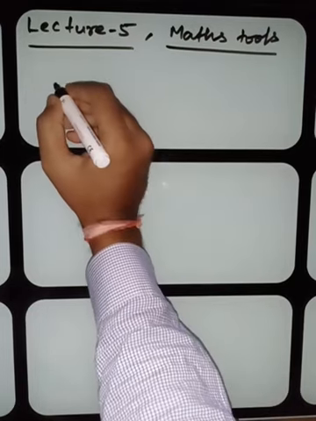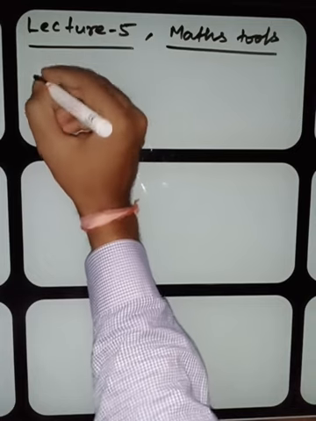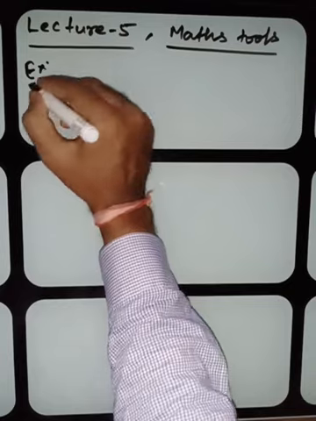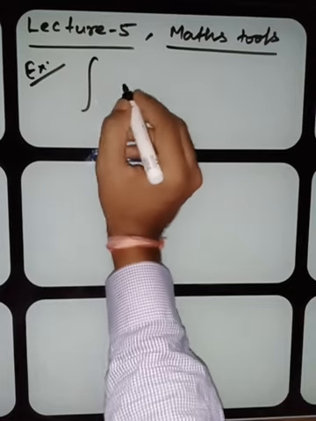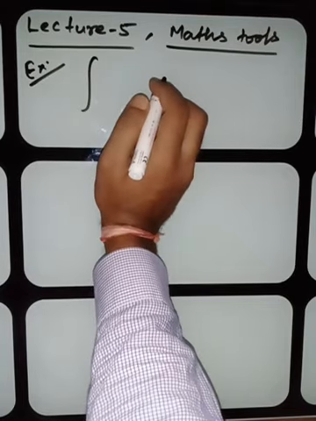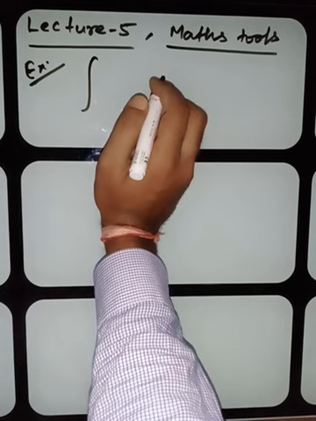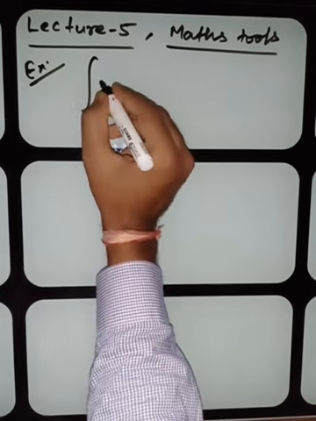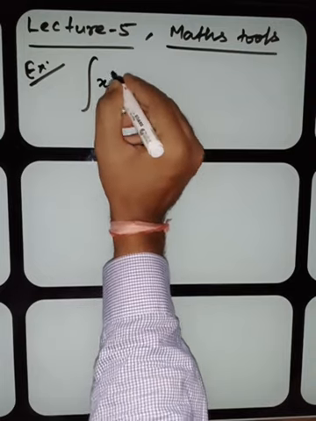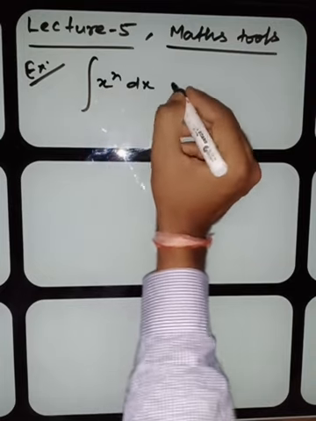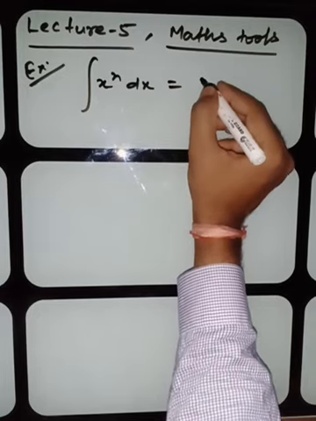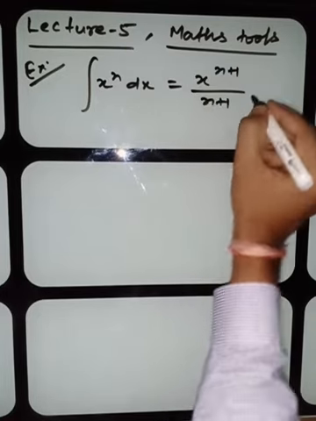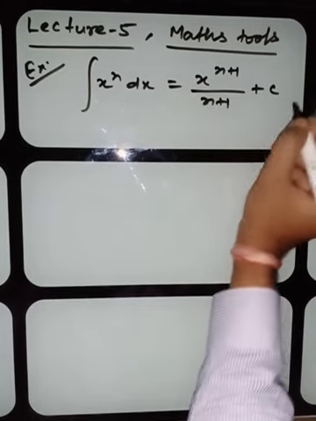let me start today's lecture with an example. We have studied the fundamental rule of integration: the integral of x to the power n dx is x to the power n plus 1 divided by n plus 1, with a constant.